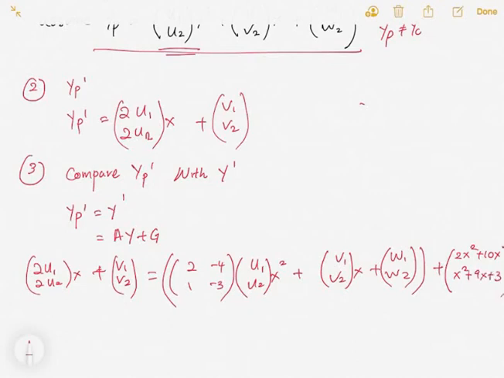Now you can multiply in, which means you need to solve this part.